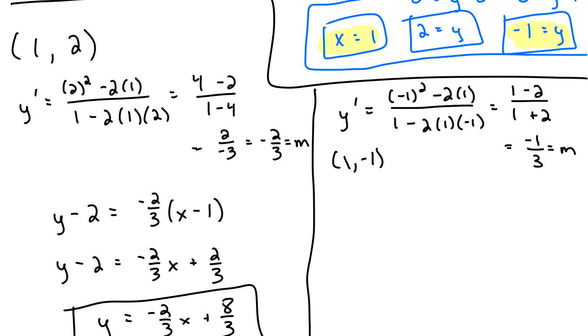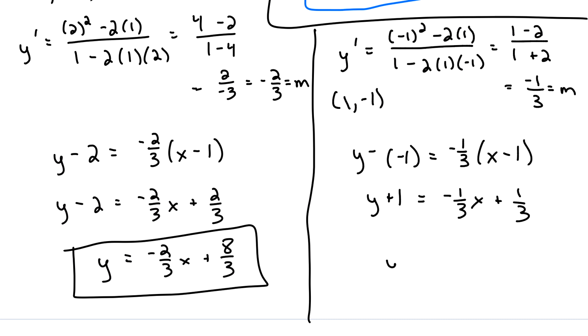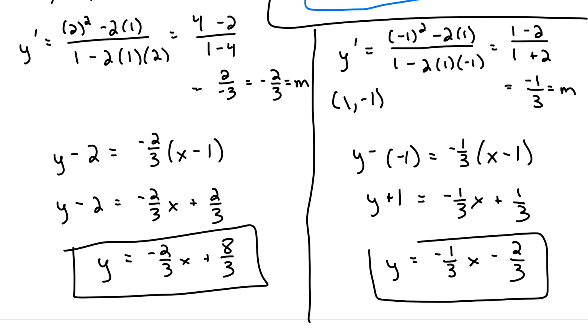So if we write the equation of our tangent line, we've got y minus our y coordinate, which is negative 1, equals m, that's negative 1/3, times x minus my x coordinate of 1. So that left-hand side is really y plus 1 equals negative 1/3 x plus 1/3. And then subtract 1, I should have y equals negative 1 over 3x minus 2 over 3. And there is the second equation of the tangent line.